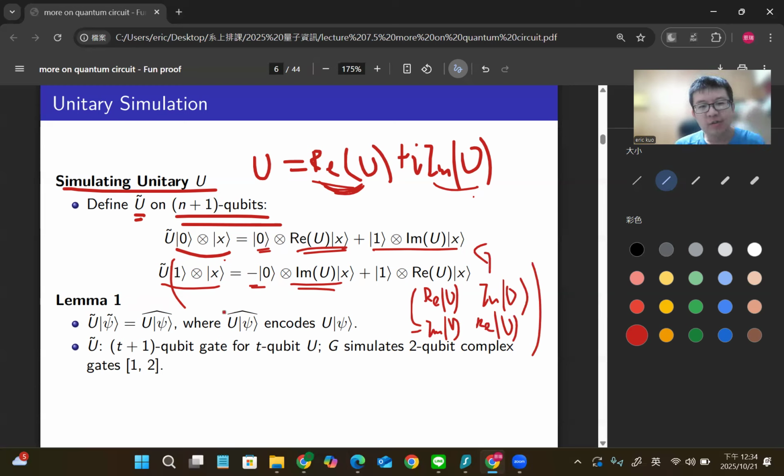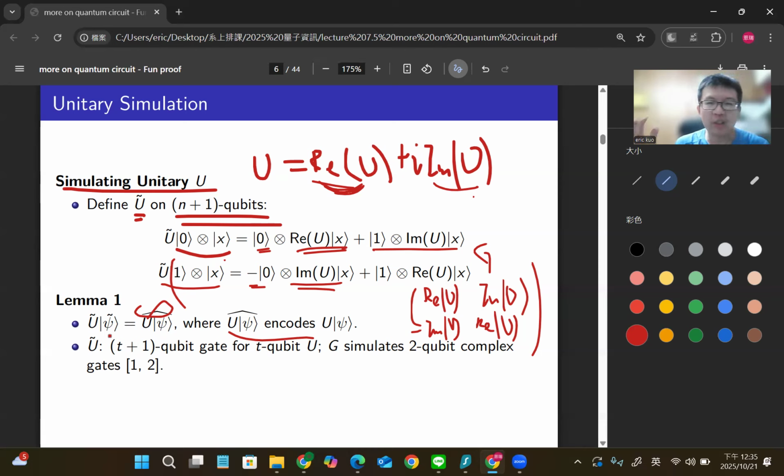So the lemma says that if you give me the state encoding, then U tilde acting on psi tilde is the same as U acting on psi, under the state mapping. This is the thing we want to prove.